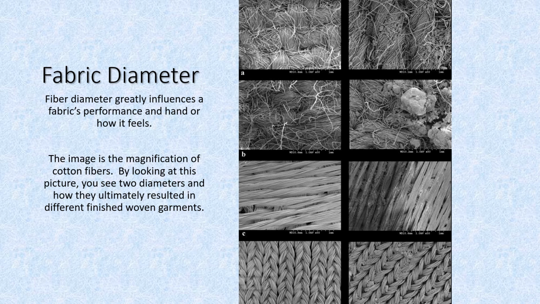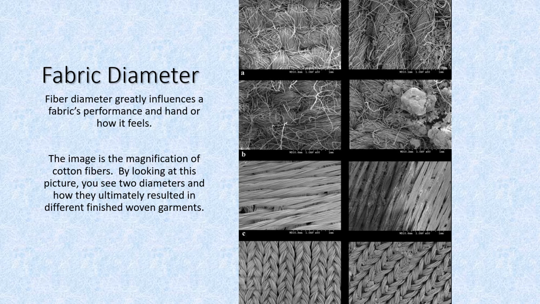So fibers that have a large diameter tend to feel crisp and rough, something like a denim. And fibers that have a small diameter are soft and pliable, so these fabrics are more likely to drape.